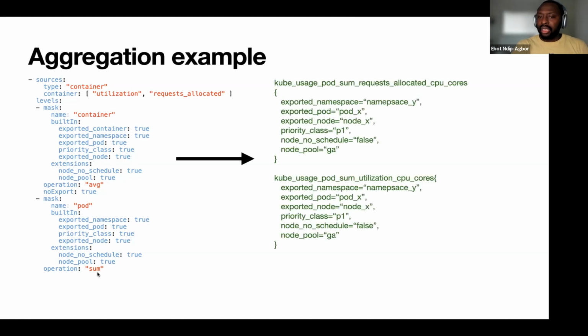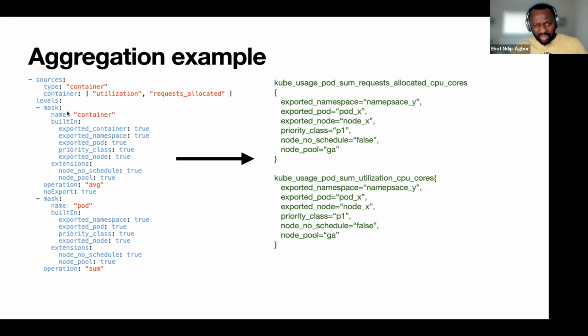So if I look at the metrics that come out of this, let's assume that our resource here is the CPU, I would have something like that. Depending on what prefix I set in my collector, I would get this prefix. I'm just calling that cube usage here.